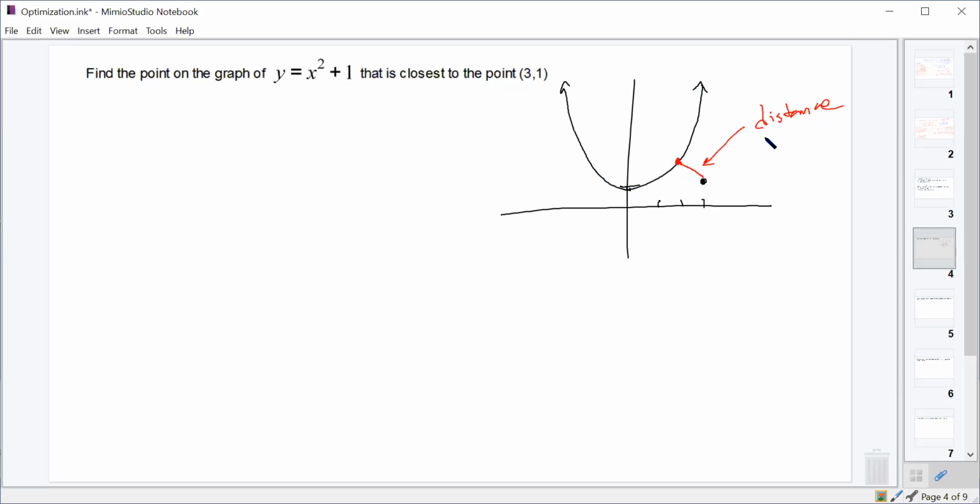Distance. This distance. We want to know when is this distance between this parabola and this point at a minimum. That's what we want.